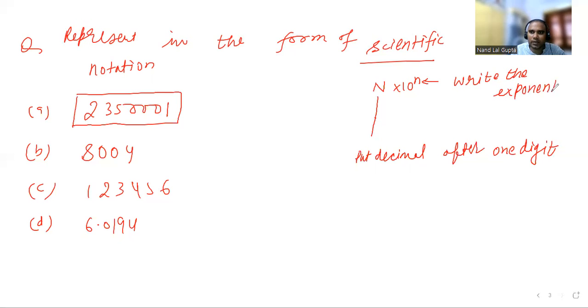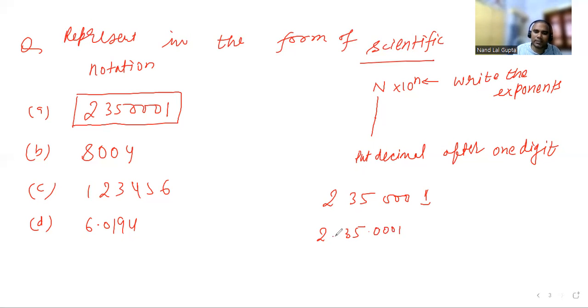Now, let's try to understand this point. See, how much is there? 235,001. So we have to put the decimal: 2.35. You can write all the digits, there is no problem. But what is the point here?